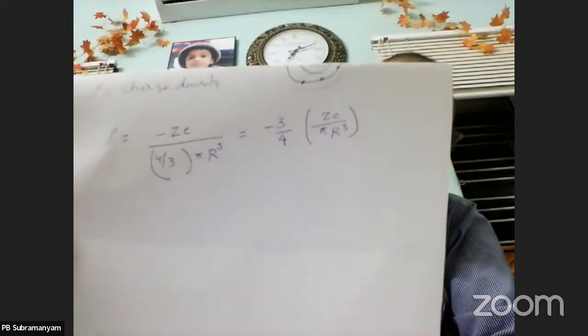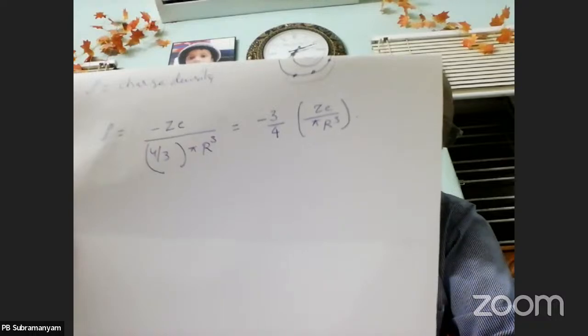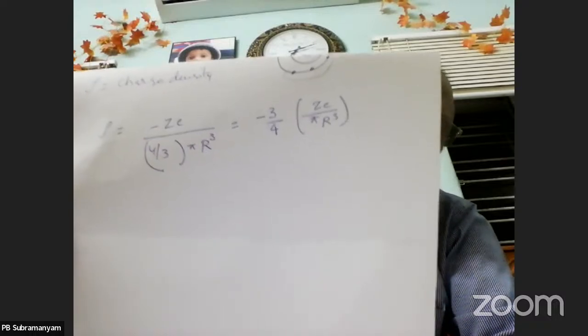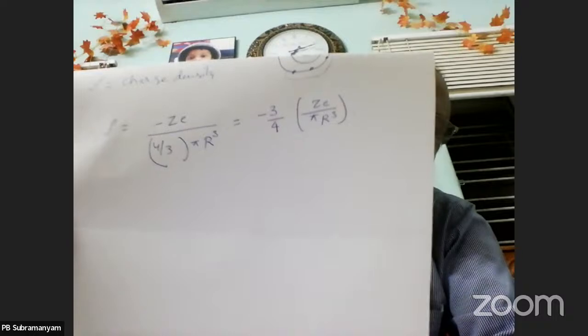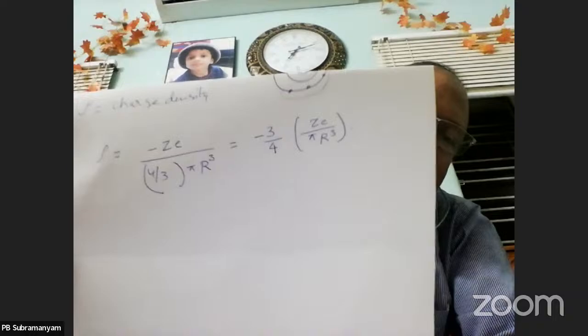Rho equals minus ZE by 4 by 3 pi r cube, which you can shuffle to write as minus 3 by 4 multiplied by ZE by pi r cube.